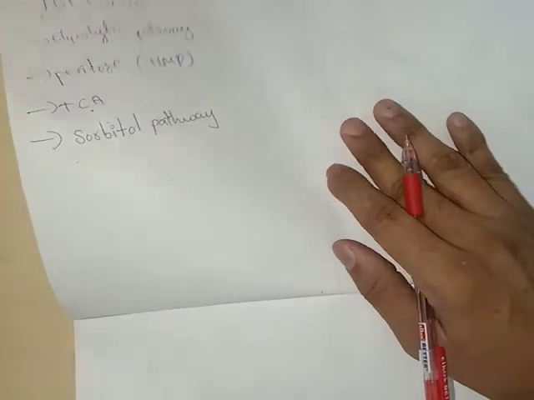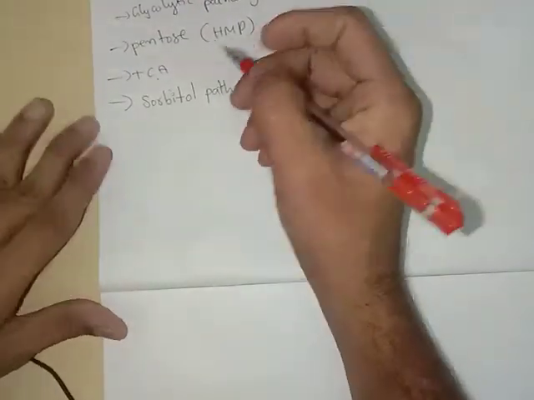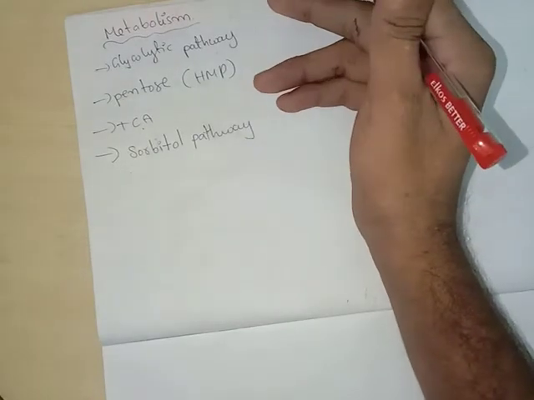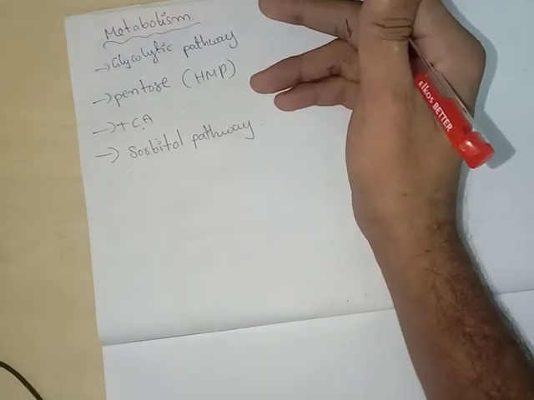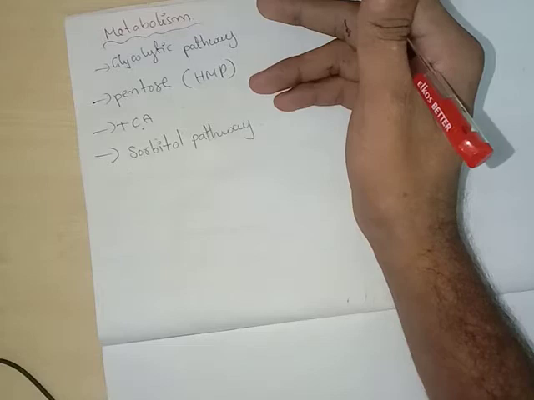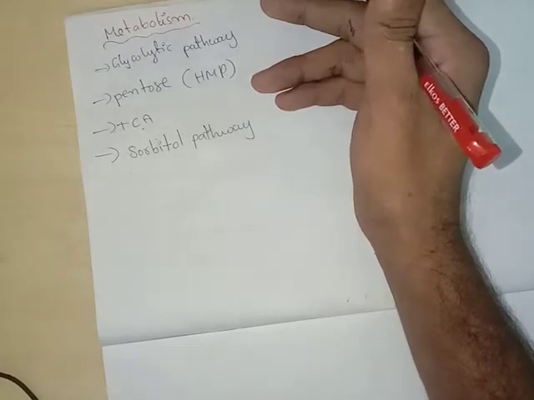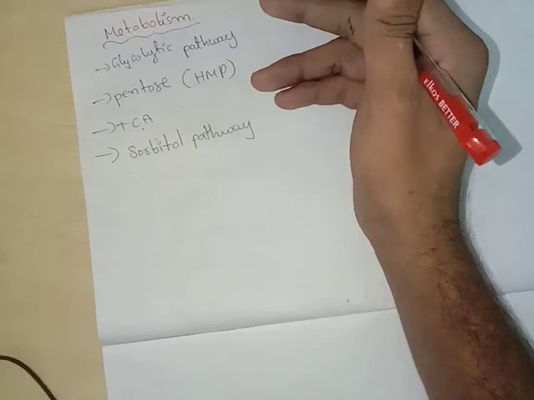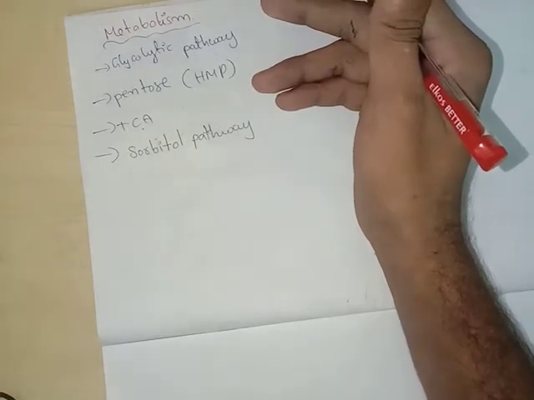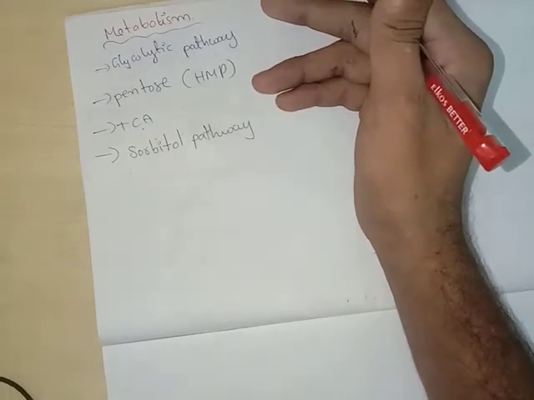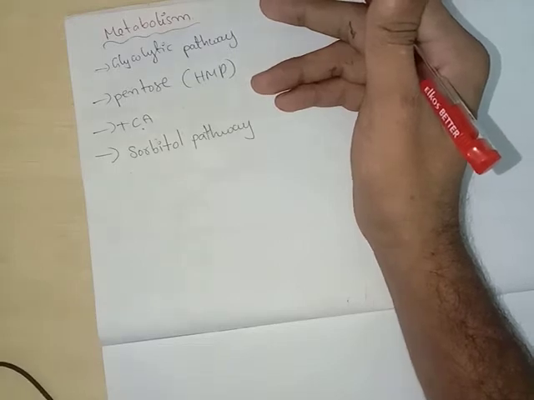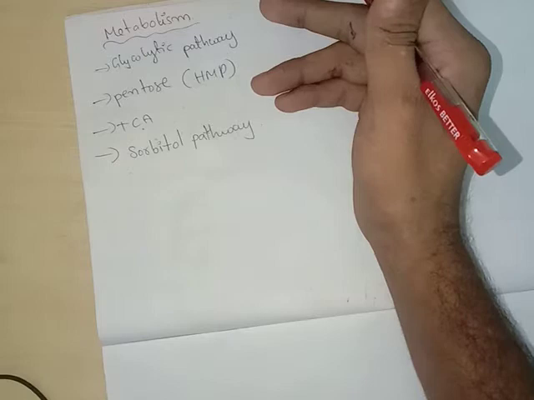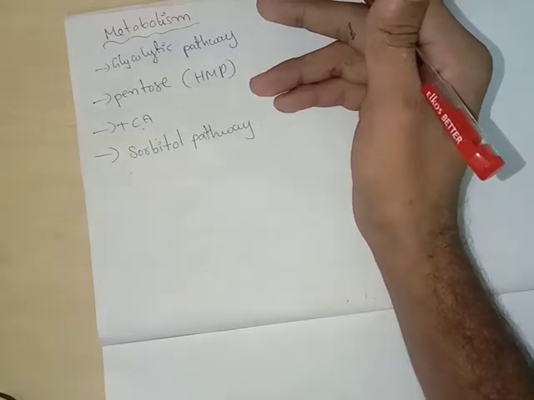Other is metabolism. Now I will explain the metabolism. Metabolism is very, very important for the lens. If you take any structure, any organ in our body, if it is deprived of nutrients, it undergoes death. In the same way, if the lens is deprived of nutrients, the lens can also undergo death. So metabolism and nutrition are very important in the lens also.